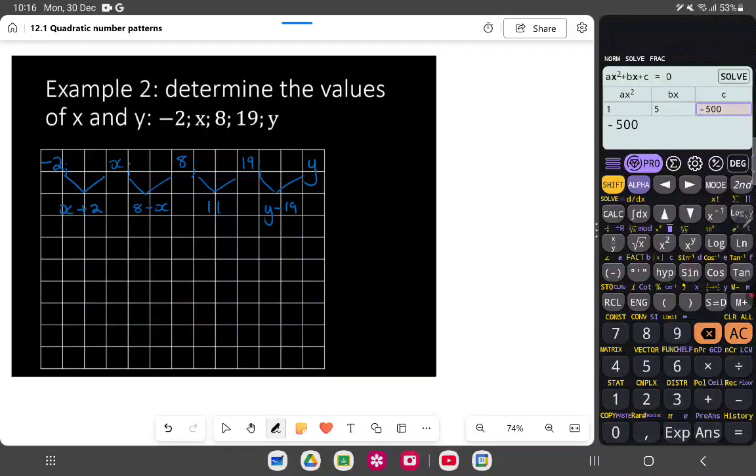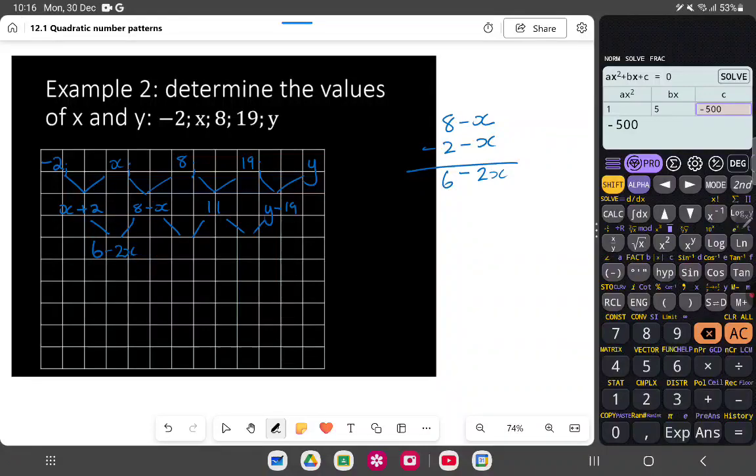Now we're going to go to our second difference. If you look at our first one, we said 8 minus x minus 2 minus x. So this becomes minus 2x, and 8 minus x is 6, so this line is going to be 6 minus 2x.